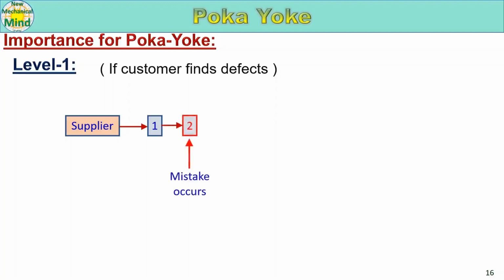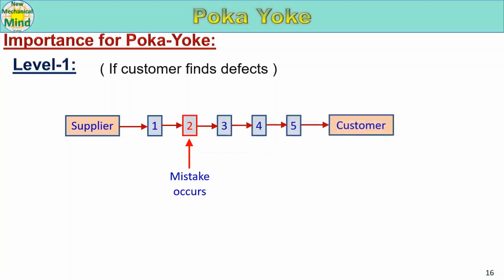Assume that a mistake occurs in the second station and the manufacturing process continues. Third station, fourth station, and fifth station. Finally, we are supplying the part to the customer as a finished product. After supplying the product, the customer finds the defects because it will create some fitment related or function related issues, and we will take action once receiving the customer complaint.